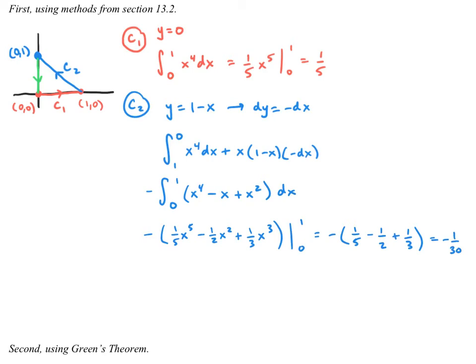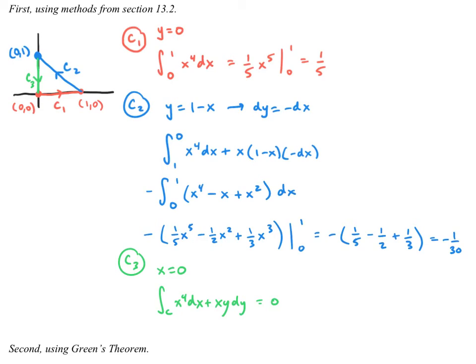Okay, and then last but not least, we have C3 up here in our diagram. And C3 is when x is equal to 0. If you notice from the original line integral, the integral of x to the fourth dx plus xy dy, if x is 0, this whole thing is 0. So that's nice and easy.